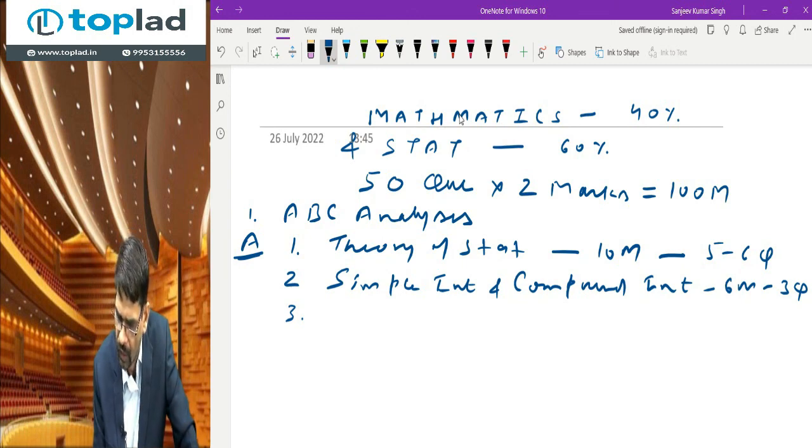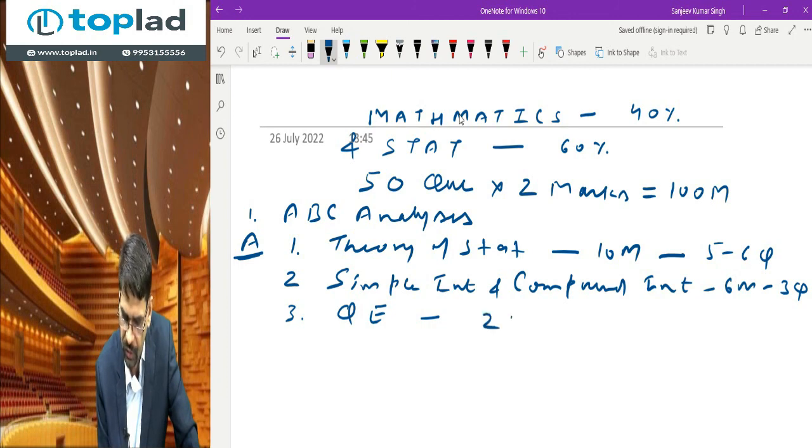The third one is quadratic equation. From this chapter, our institute asks at least 2 questions, which means 4 marks.